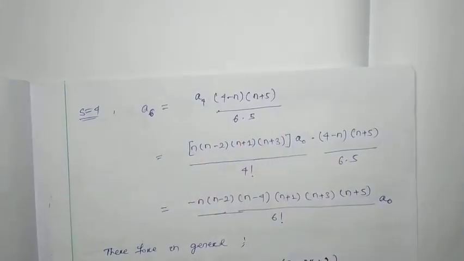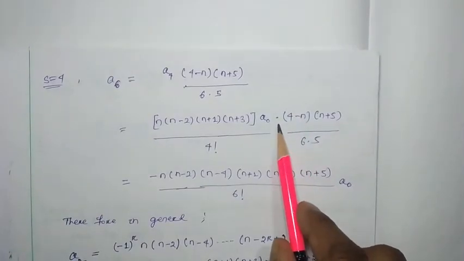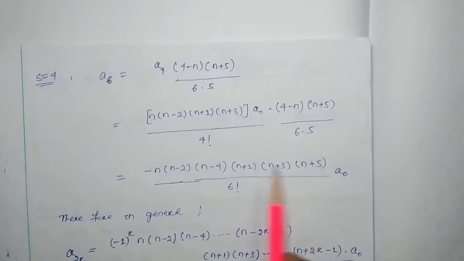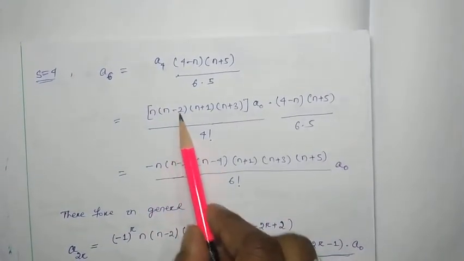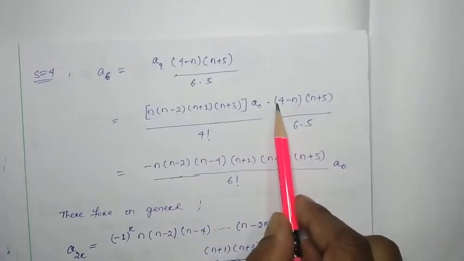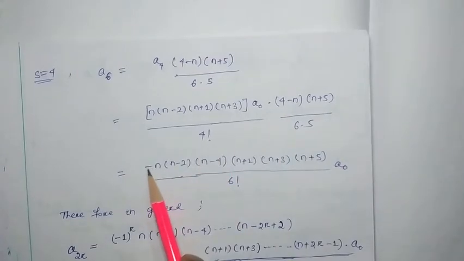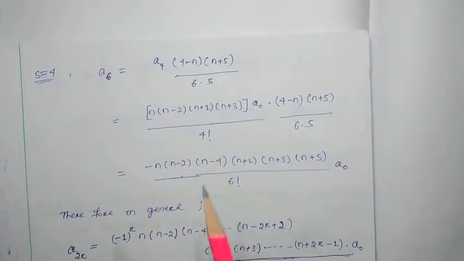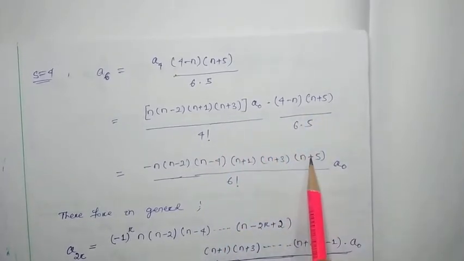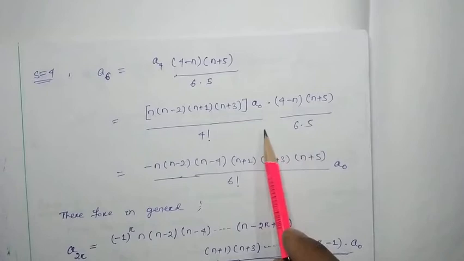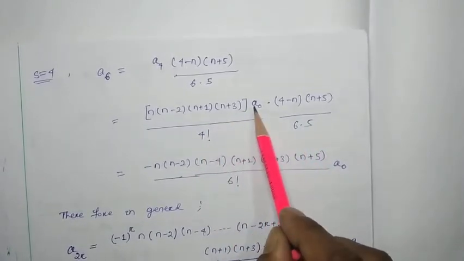Okay, so now here you can see 4 minus n, it can be written as minus n minus 4. So the whole numerator will be minus n minus 2, here n minus 4, by taking minus common it will be n minus 4, minus will become to the initial, so it will be n minus 4, and then n plus 1, n plus 3, n plus 5 divided by 4 factorial is there, 6 into 5, that means 6 factorial, a0.